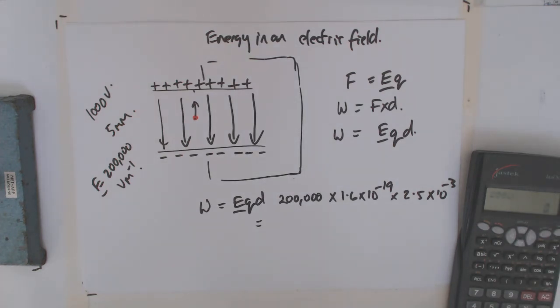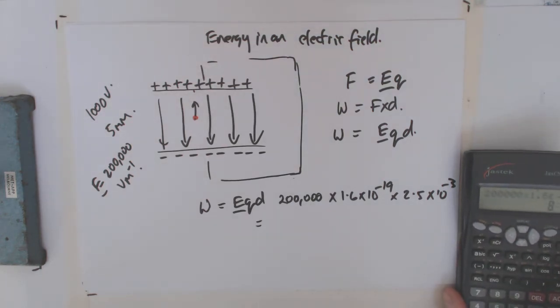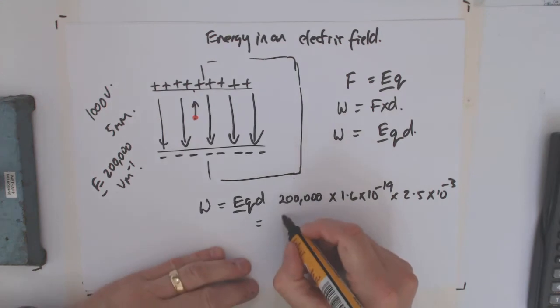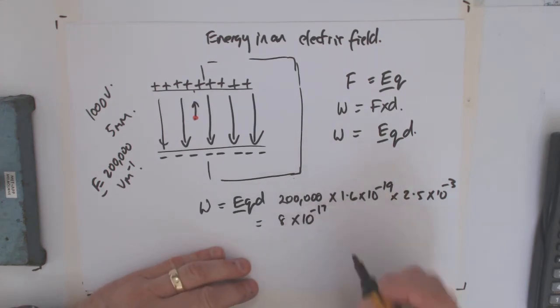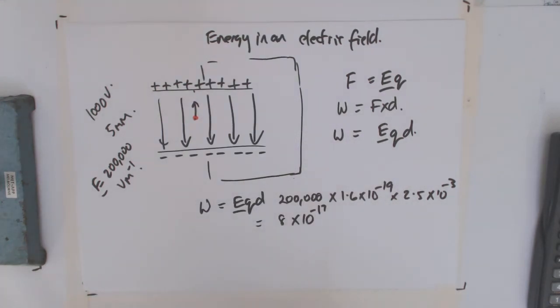So we've got 200,000 times 1.6 exponent minus 19 times 2.5 exponent minus 3. And here we got it, 8 times 10 to the minus 17. And that's joules, right? That's done in joules because it's energy.